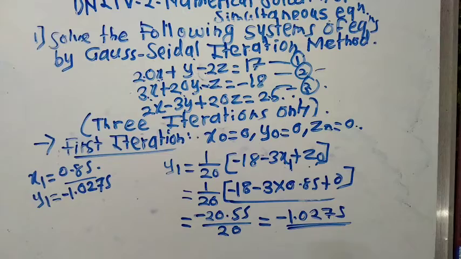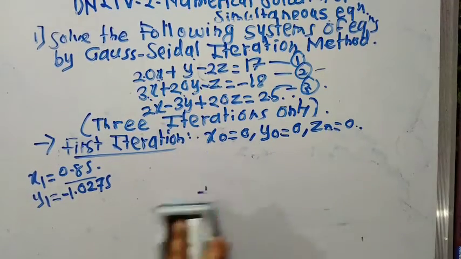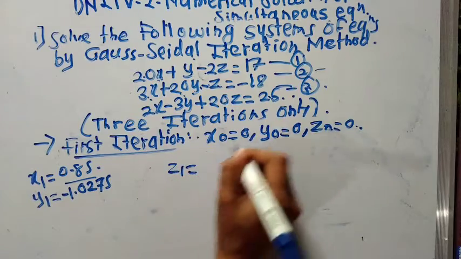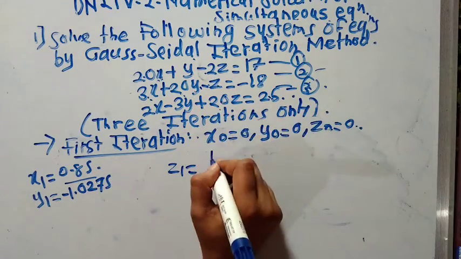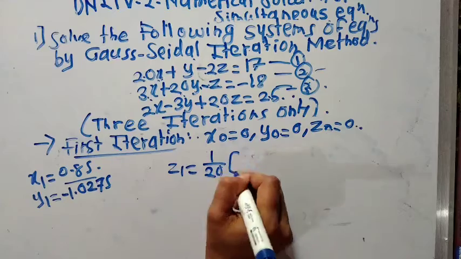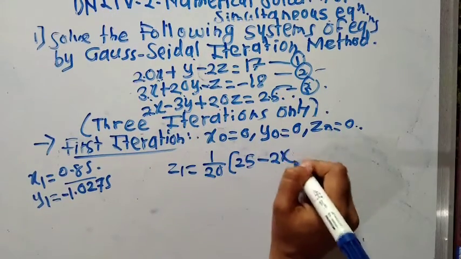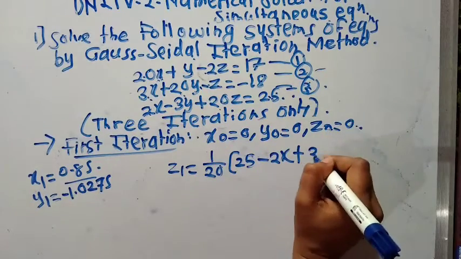Then find out z1 from the third equation. The coefficient of z is 20: 25 minus 2x plus 3y.